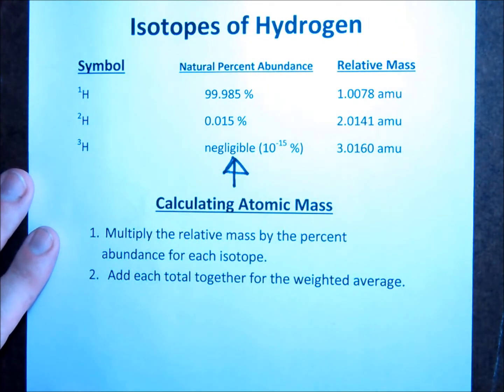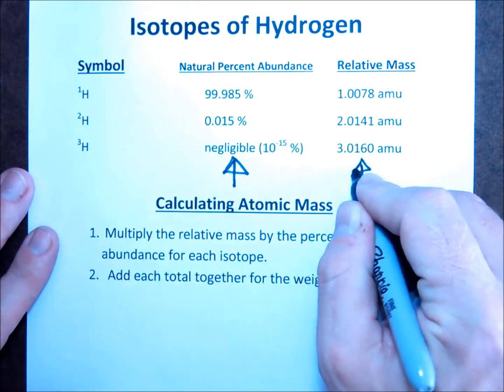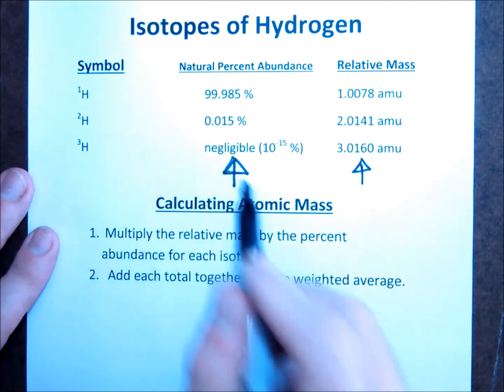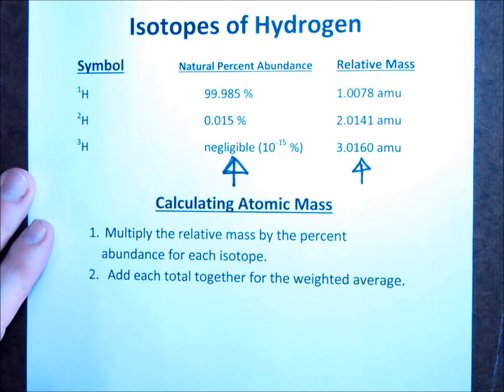And that's just how much of each one of these isotopes is naturally found in nature. So two things that you have to do to have this weighted average for atomic mass: the relative mass here, and you multiply that by a natural percent abundance, how much there is of it in nature.